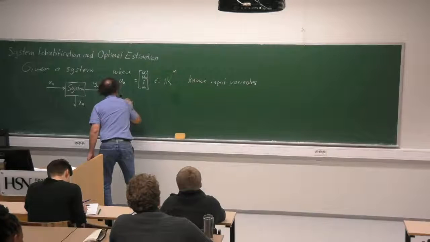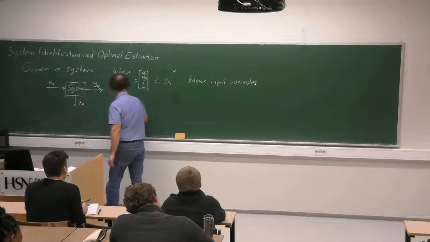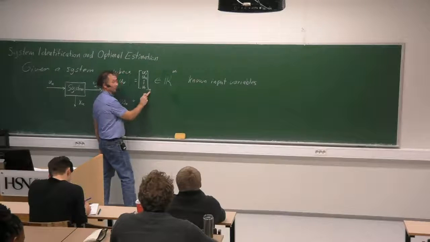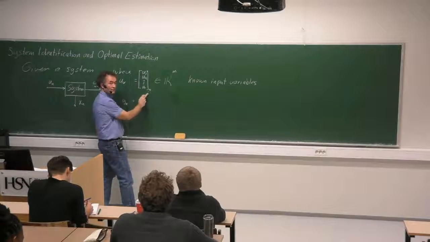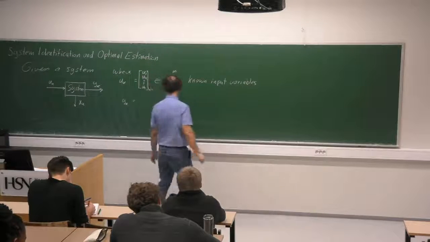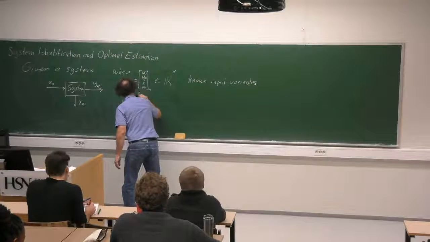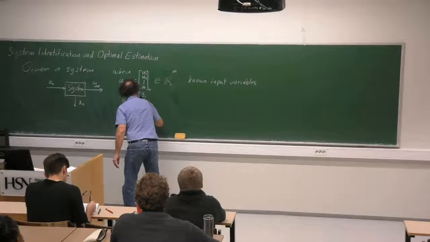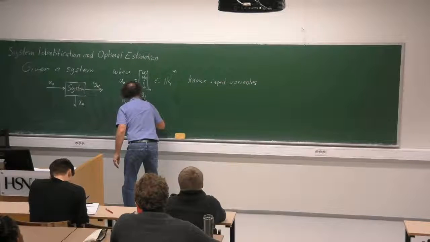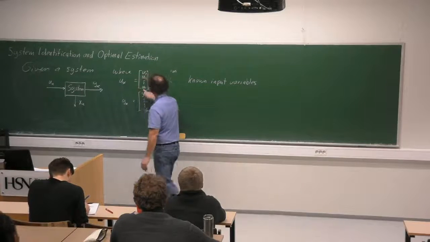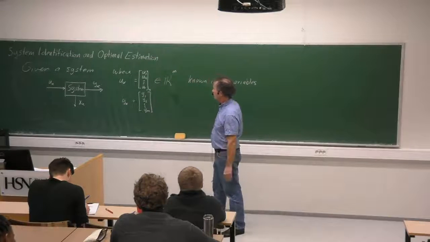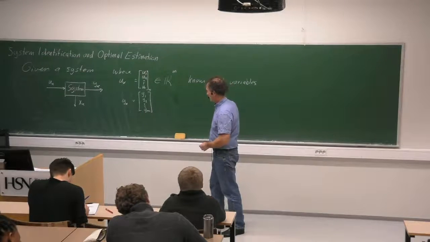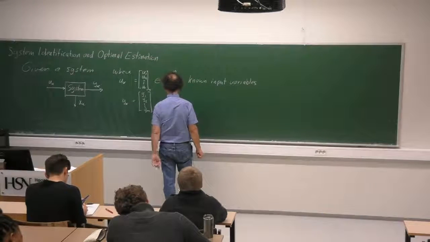Similarly with the output vector y at time k. I should put an index k here to indicate discrete time. This is also a vector with y1, y2, and up to yM. So here R is the number of input variables influencing the output variables, and M is the number of output variables.